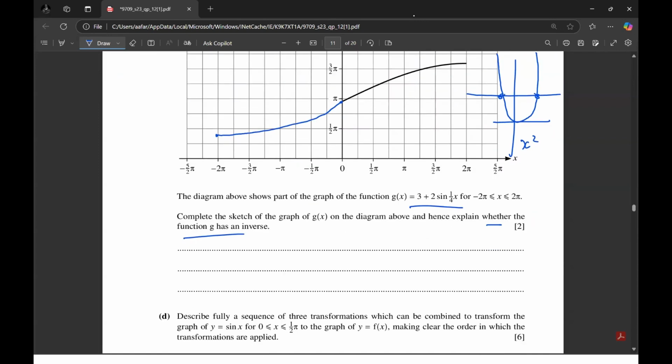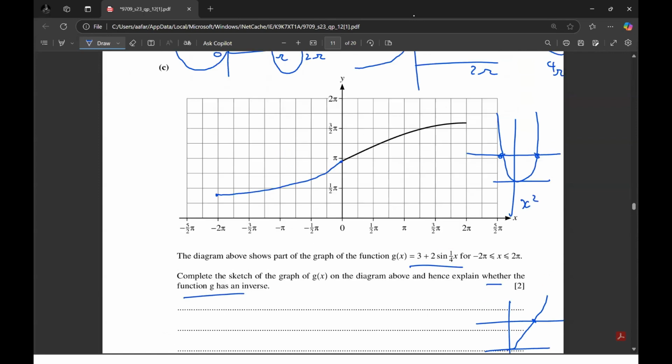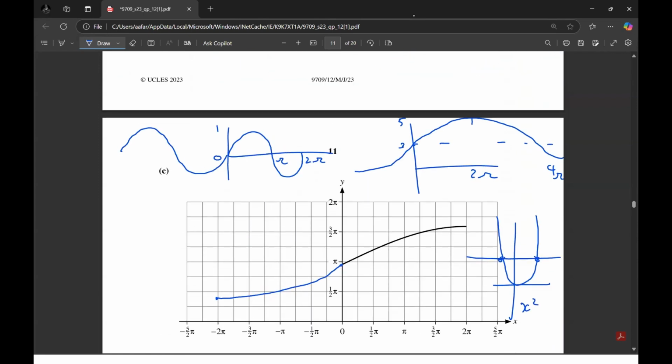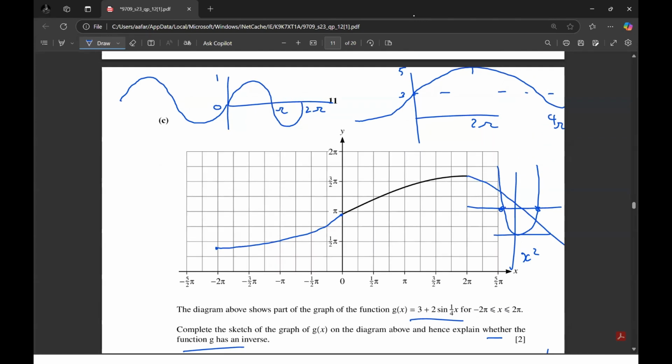The only graphs which have an inverse are those where a horizontal line in any position will cut only once. In our graph, if you draw a horizontal line over here or over here, it will only cut once in this domain. We're not talking about beyond it, because it would cut twice if you extended it, but in this domain it only cuts once.